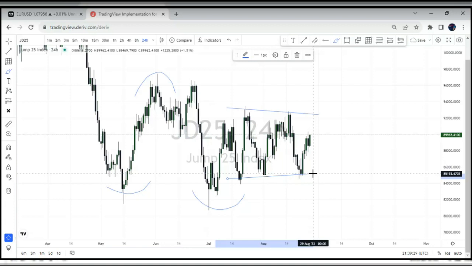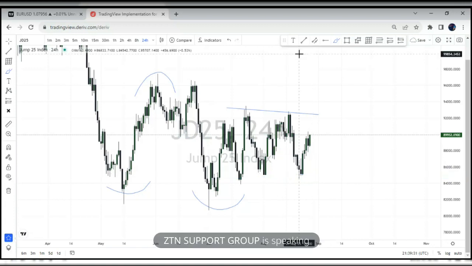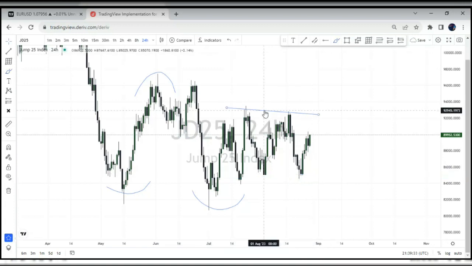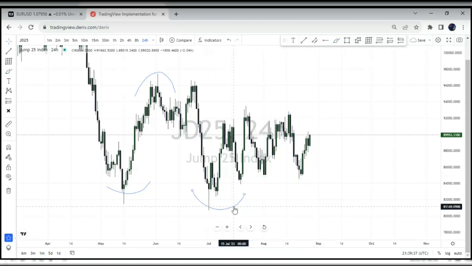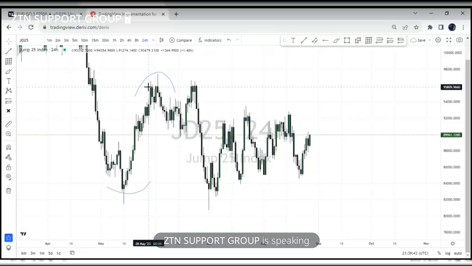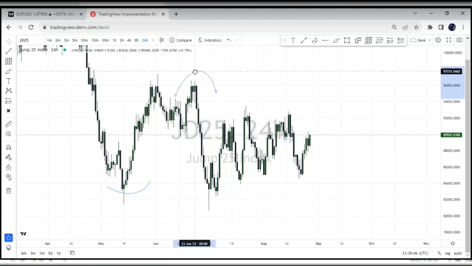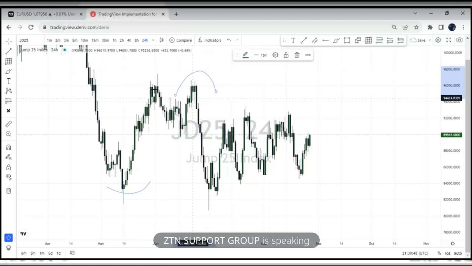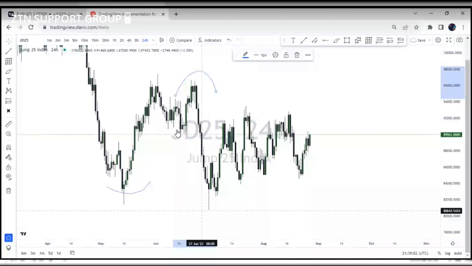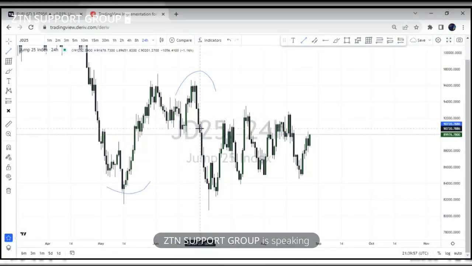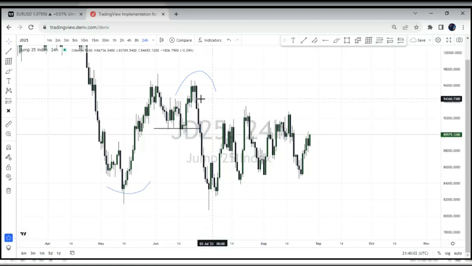The actual place I would be looking at is, so this is the lower high. This high closed above. So we had a higher low, higher high break. So we broke structure here.